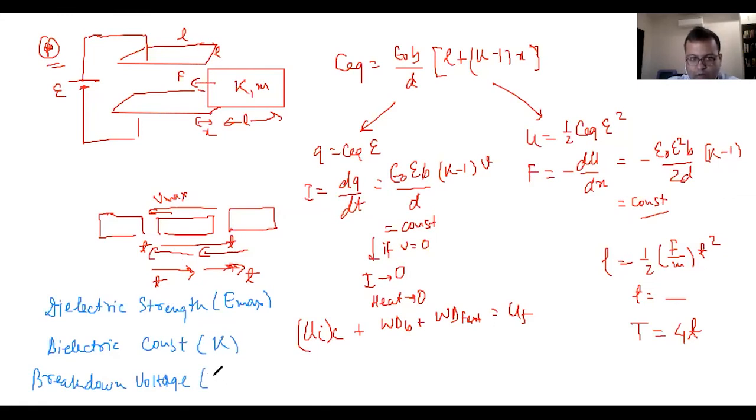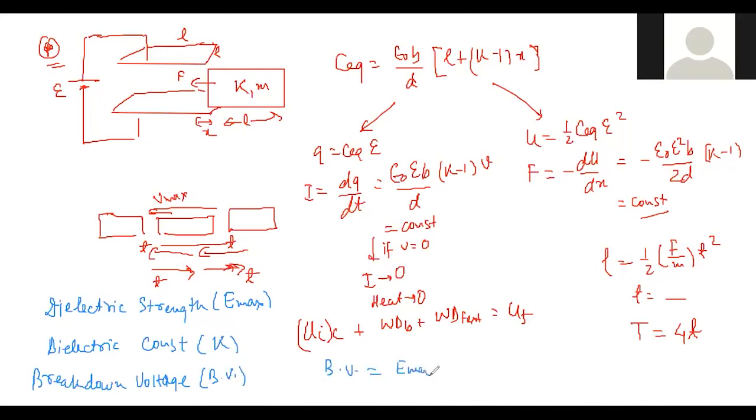Okay. So I can say that breakdown voltage depends upon what properties, what things. The relation is breakdown voltage is equal to E max into D. Please remember. Delta V equals E into D. Just that the terms can be confusing at times.